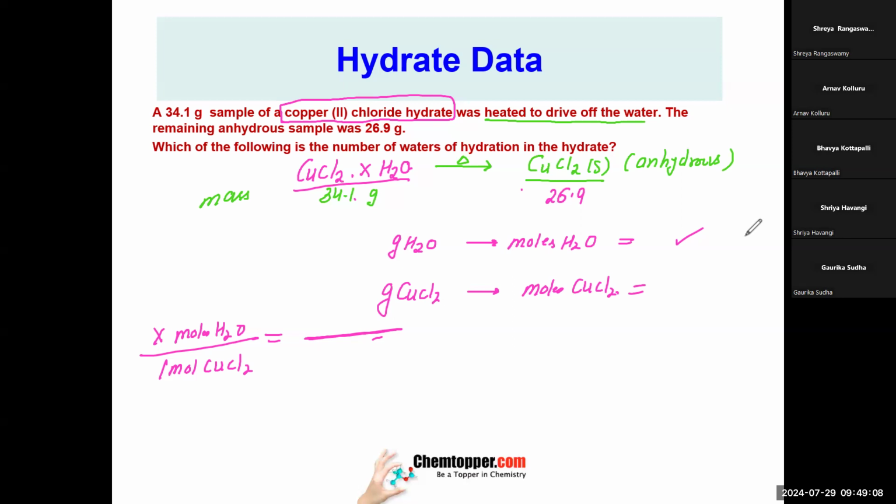Can you tell me how many grams of water you calculated? Grams of water, Gorika, in the sample. That's the molar mass which you are giving me. Here, grams of water. Yes, 7.2 grams. Now convert this into moles. Yes, very good. 0.4 moles.